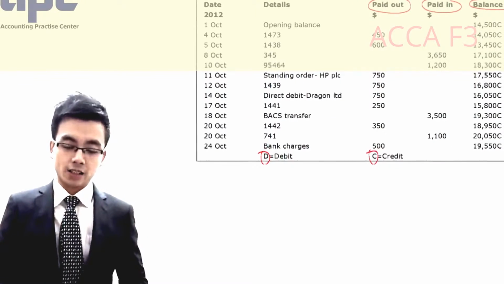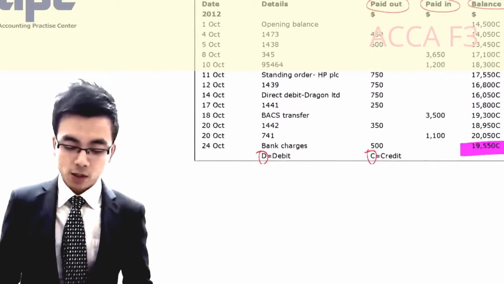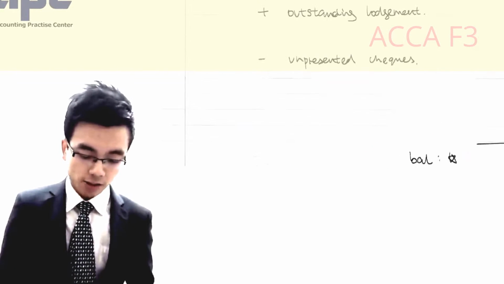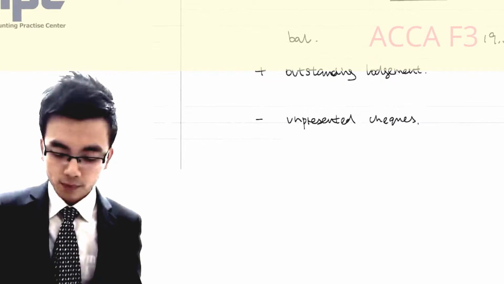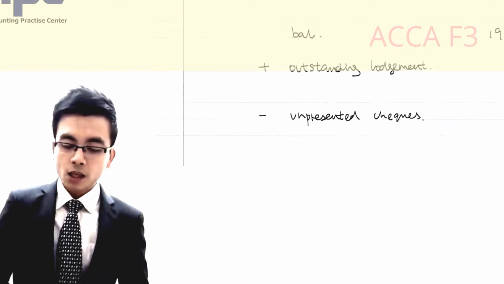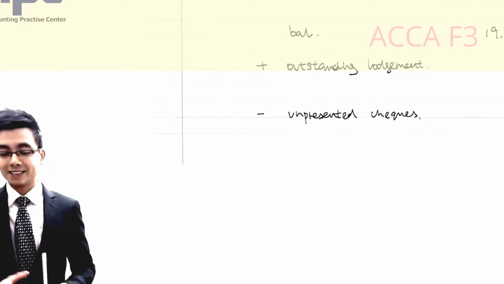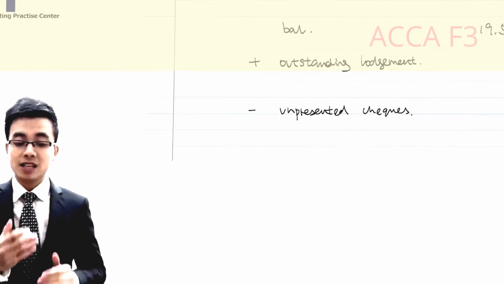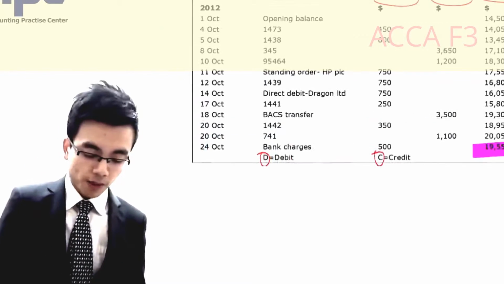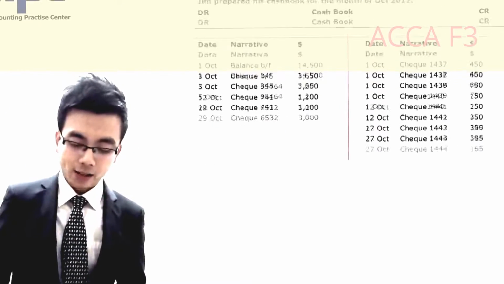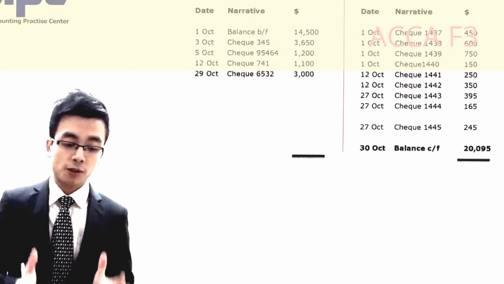Okay, so the first thing we're going to do is take the figure within the bank statement of 19,550 credit, which is the assets to the company here. Then we're going to consider the outstanding lodgement as well as the unpresented checks. Firstly, we're going to focus on the cash book, or the cash account, on the first side.